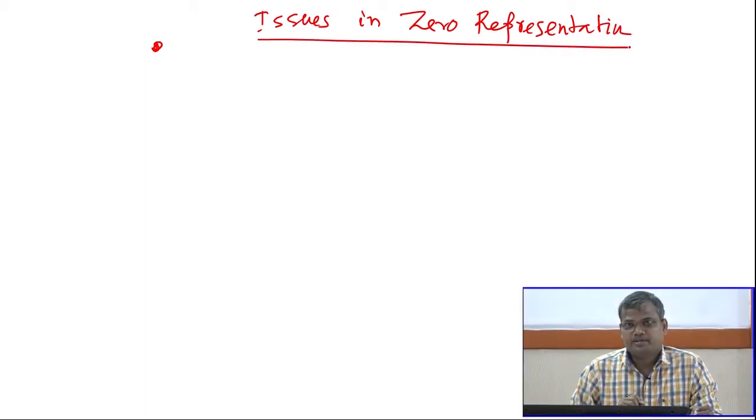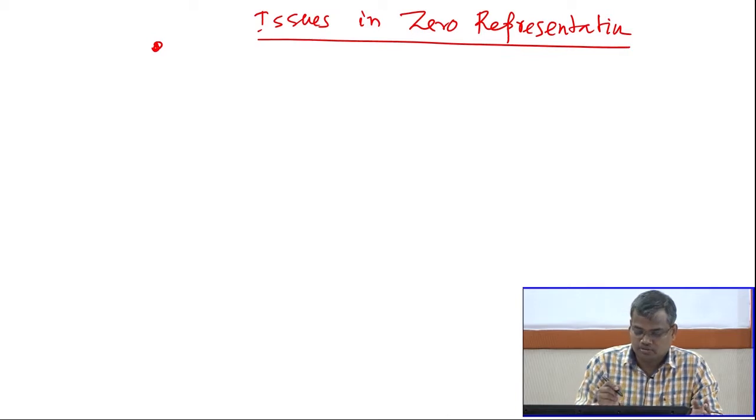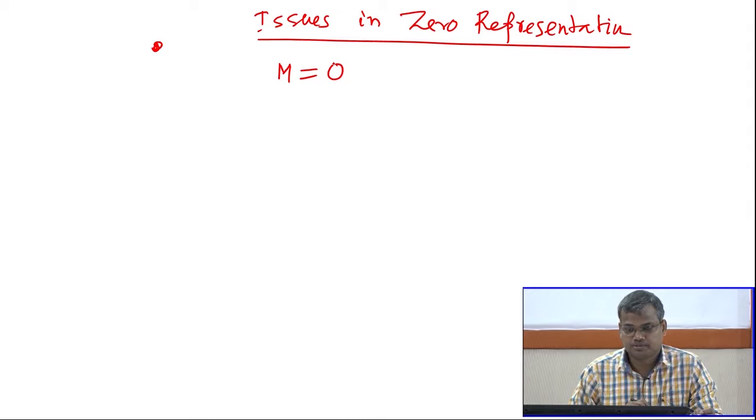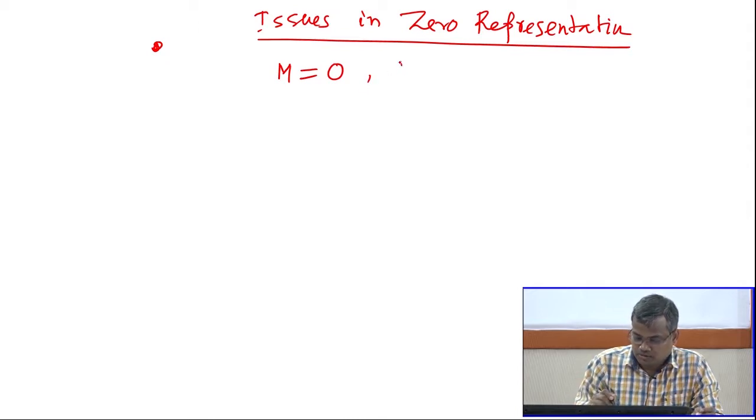Obviously the mantissa part must be 0. There is no doubt that m should be 0. Now let us say the number we can write as n equal to mantissa into 2 to the power e.